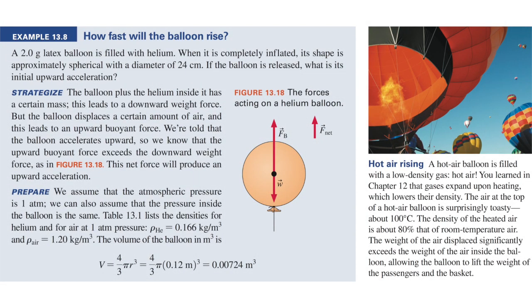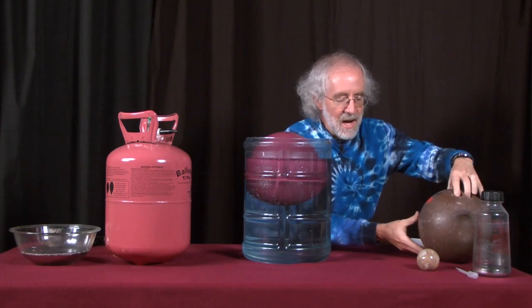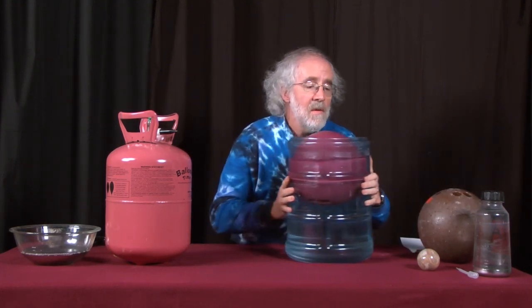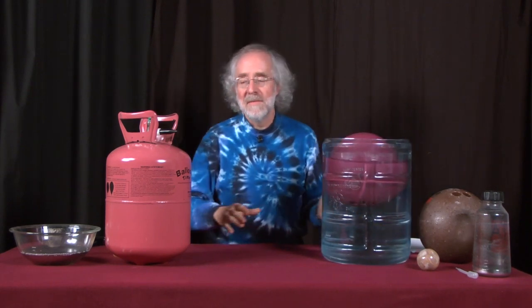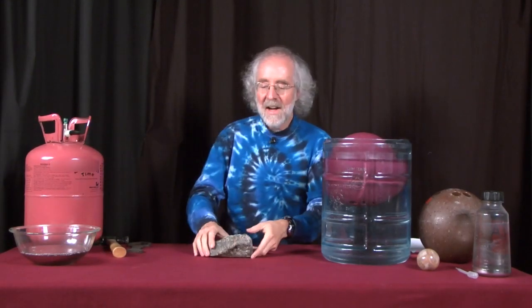Now, you'll see various problems in the chapter that have to do with calculations of the buoyant force. And the buoyant force is a real force that acts on any object which is immersed in a fluid, be it air, be it water, or some other fluid. Now, question for you. I've got a rock here.